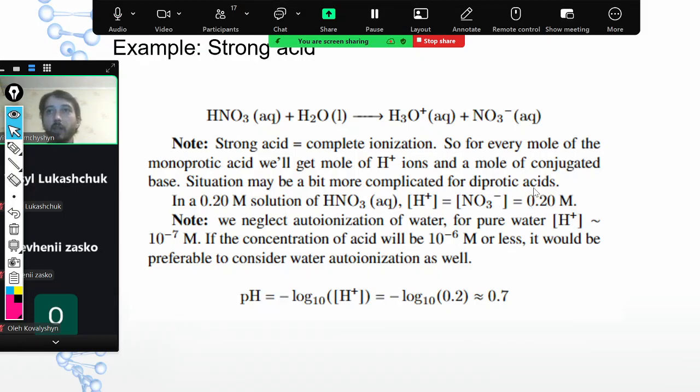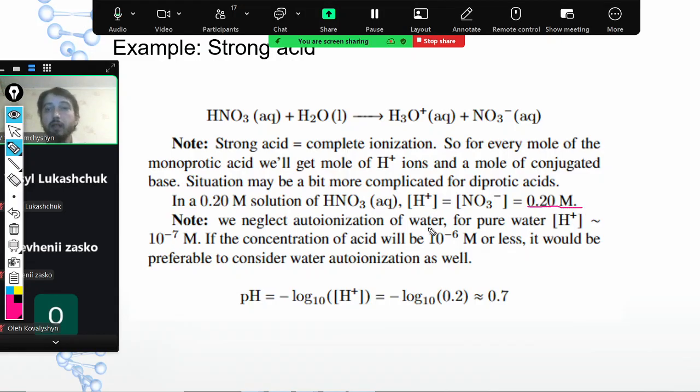Okay, so 0.2. Now, what is the pH? Since we dropped the auto-ionization of water, basically all H pluses are coming from the acid, and the acid fully dissociates. So this means that the concentration of H plus in the solution will be 0.2 moles per liter.